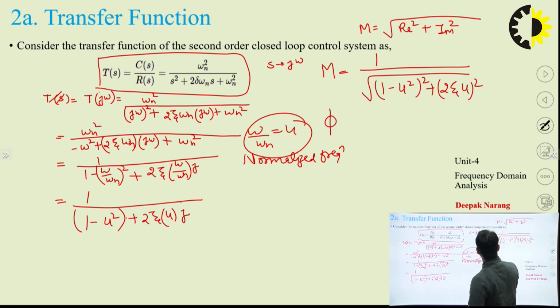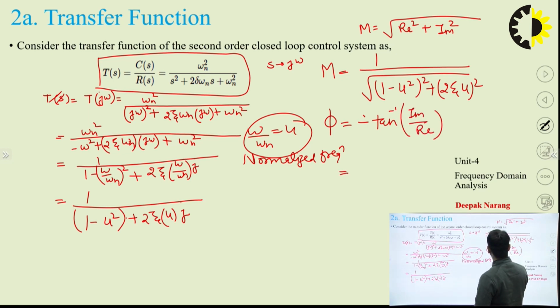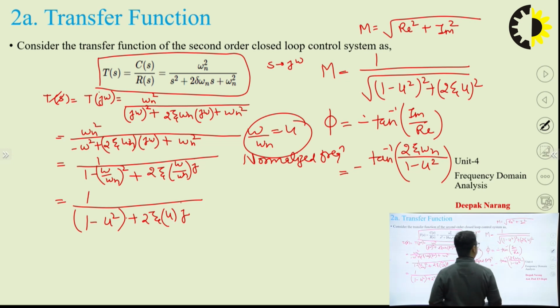Likewise phase is equal to minus tan inverse imaginary part over real part, which comes out equal to minus tangent inverse of 2 zeta u upon 1 minus u square.